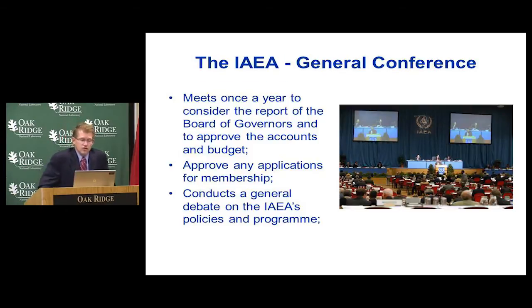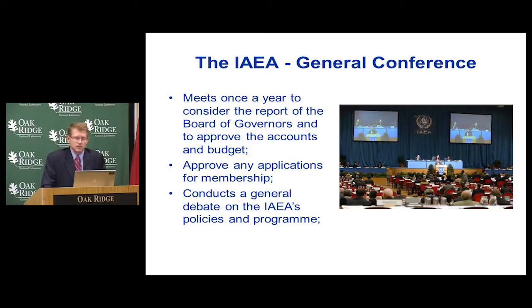The IAEA General Conference meets once a year in September, in which all the members come together and they consider the reports from the Board of Governors. I'll talk about them next. The board meets 4 times a year, and on this one General Conference, the members approve the accounts, the budget, and address any specific recommendations that come from the board.